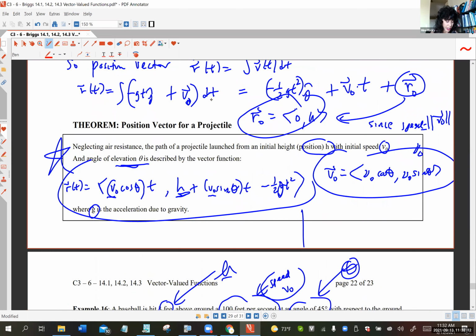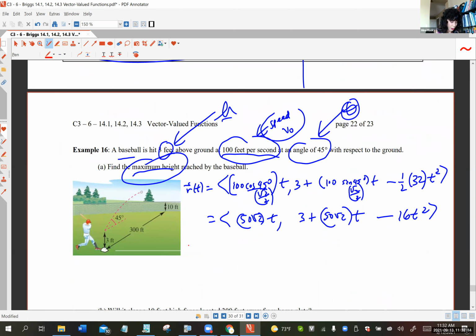You're first going to find the velocity vector, r prime, and then you're going to force the vertical component of this velocity vector to be equal to 0 and solve for time. That'll give you how long it took for the ball to reach maximum height, time t, and you'll substitute that time t into the vertical component of position to get the actual max height. It's so exciting. Here we go.